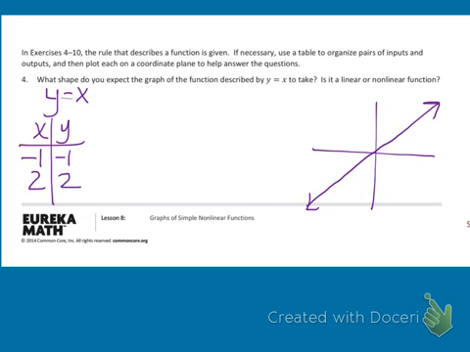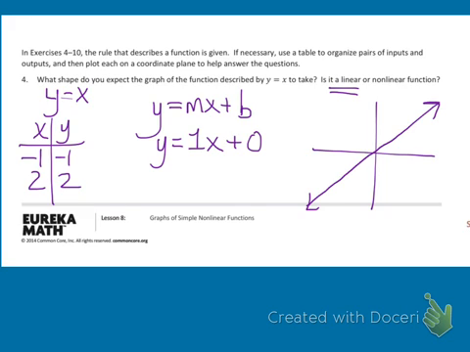It would be that line, and that's where all the x's and y's are equal. So hopefully you guessed that that one was linear. That's a linear equation. It's actually a form of y equals mx plus b, right? Where it's y equals 1 times x plus 0. Okay, so y equals x, linear function.